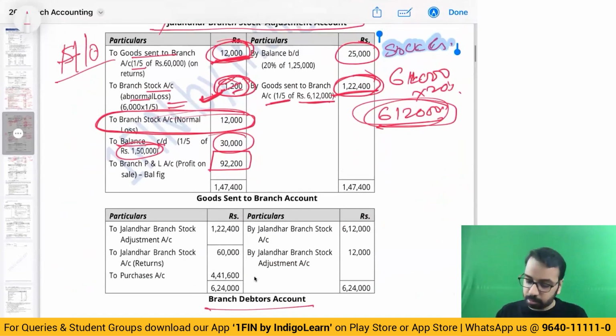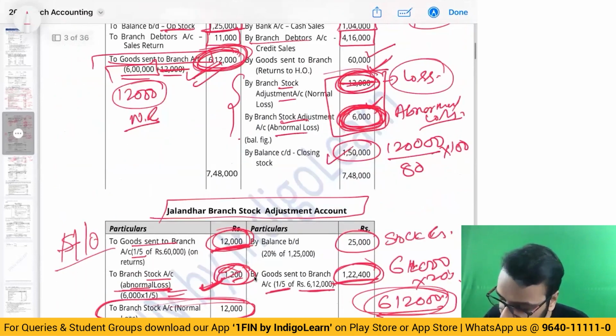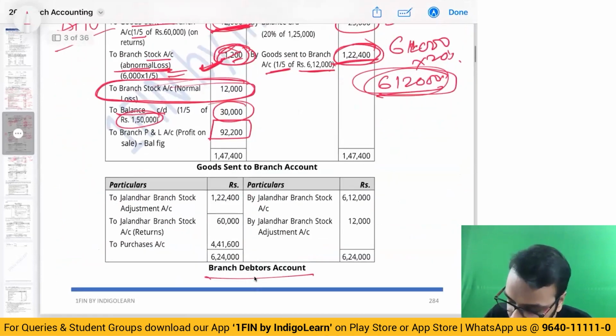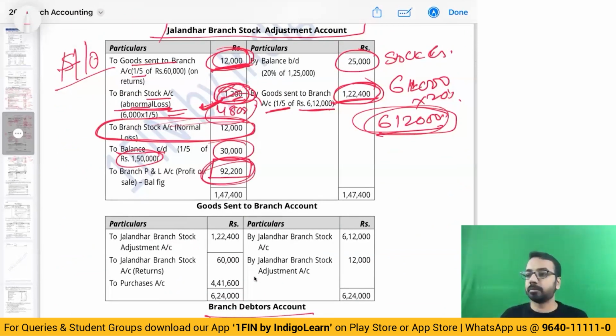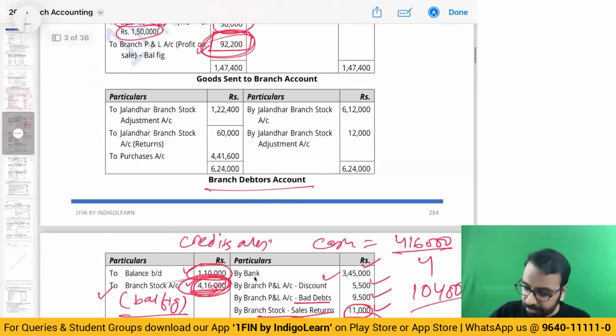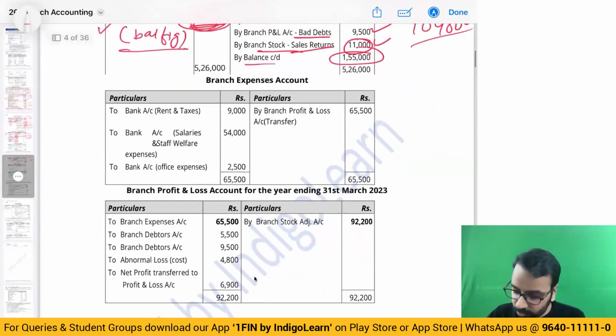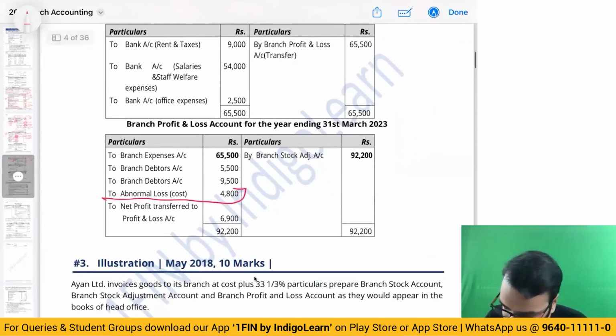So here, I think what they have missed out is they have only taken the loss portion here, 1,200, whereas we should have taken the entire 6,000. This is only the profit element. The cost element also should be debited to this account. Accordingly, this number will change. Okay, please keep that in a note. If you are taking 1,200 as loss, this 4,800 of loss also should be taken, or this 4,800 you can directly debit to the P&L account here.